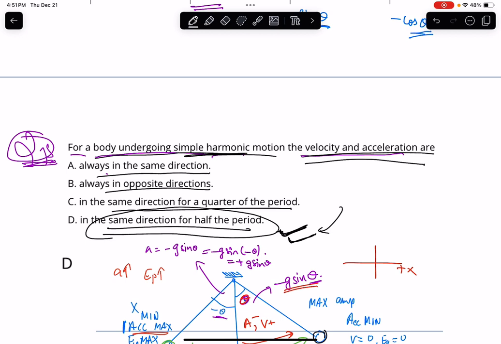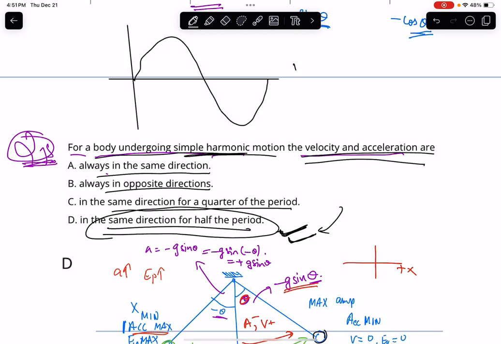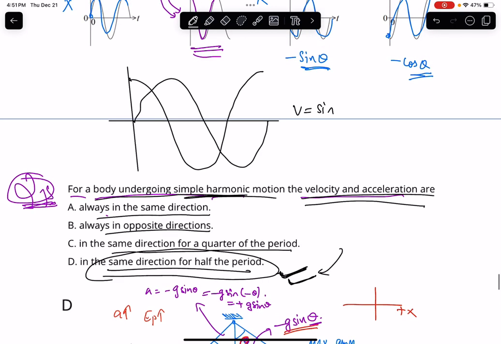Okay? Now, this is another mathematical way to think about it. So in this case, let's say the velocity is a sine function, right? If the velocity is sine of t, so if this is t and this is v, then the acceleration is d by dt of sine of t, which becomes cosine of t, right?